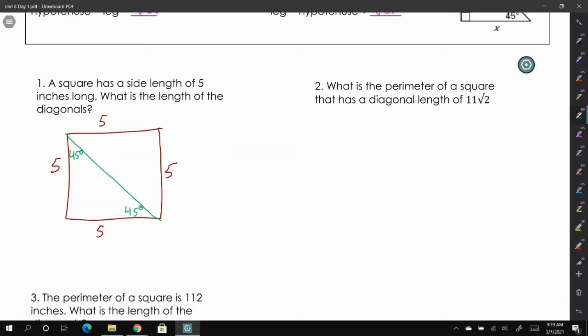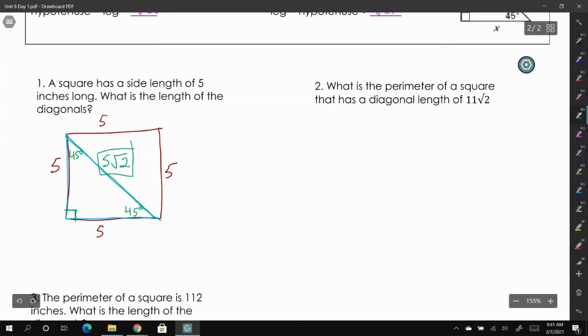And we also know that all the angles of the square are 90. So now we have a 45, 45, 90 triangle right here. And the legs are both 5, which means the diagonal or the hypotenuse of my right triangle has to be 5 times the square root of 2.